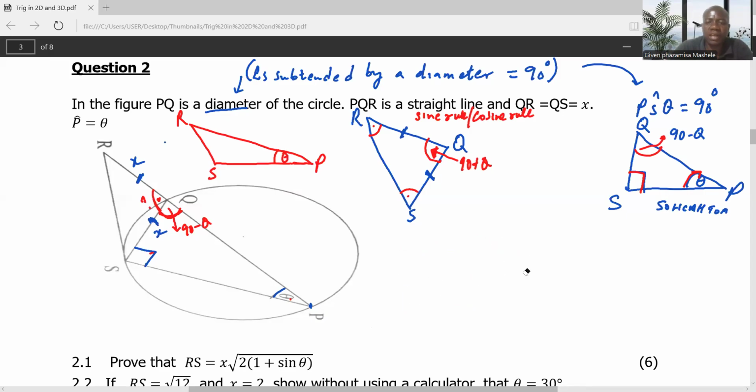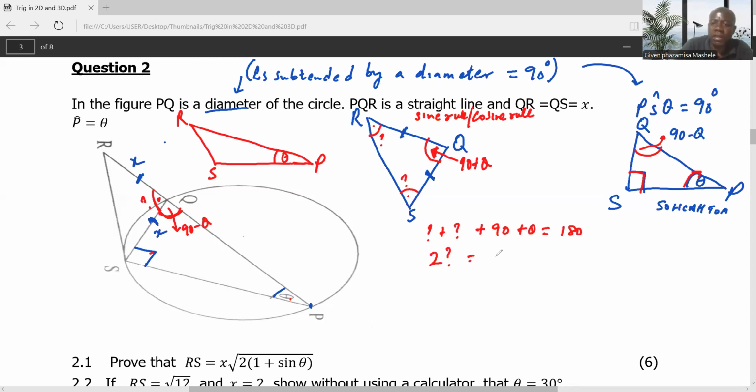So what will be the answer for these two? I think each should be 90 minus theta over 2, if I'm not mistaken. So let's just check that. Let's say we do not know this, because we don't know and they're equal, so I'm going to say both of them, I don't know them. But if I add 90 plus theta, this should be 180 because of the angles in the triangle. So it's two of them.